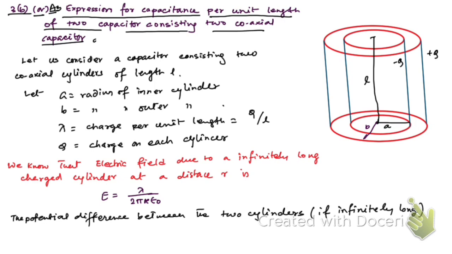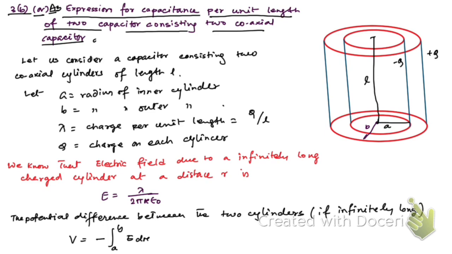Then we can write V is equal to minus integration from A to B. Inner radius is A and outer radius is B, so A to B, E dr, right, E dr. So now let me put this one here and then let us integrate this.